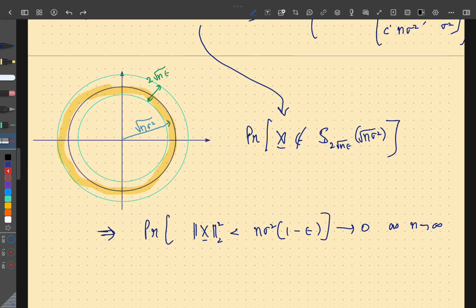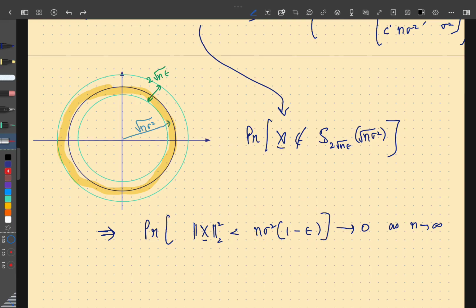So you can exactly try to compute, or at least try to upper bound, the volume of this thin shell and compare that with the volume of the ball of this squared radius. And you'll see that the volume of that shell is much larger compared to the volume of a ball of this squared radius.